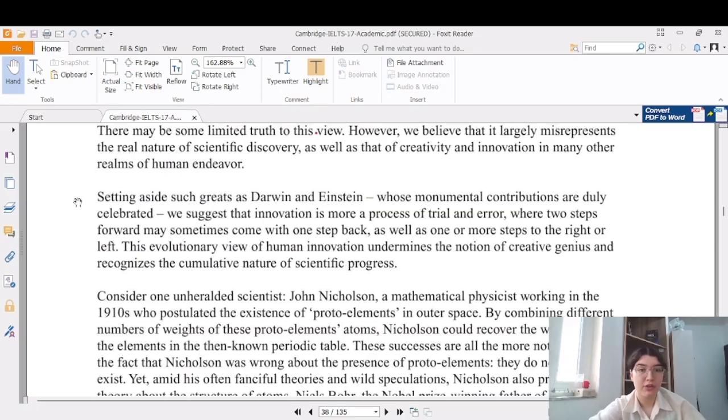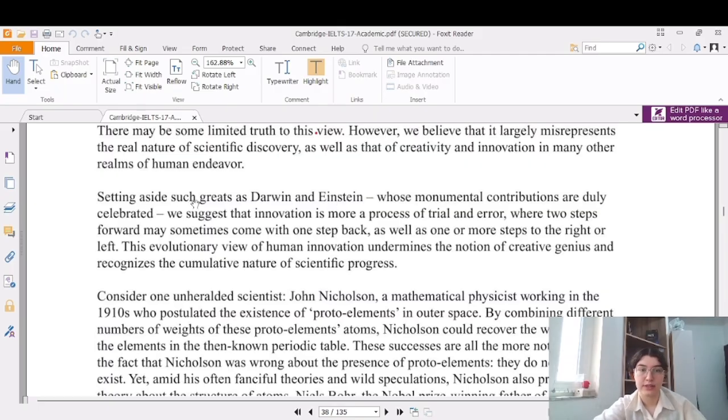So this writer here is trying to put them aside. It's like there are exceptions that they need to be put aside, and it says that scientific discovery is more than that. These people's contribution, they are celebrated, and it says that innovation is actually a process of trial and error. So it's not like these people came up with these ideas spontaneously, or it always works like that, only geniuses discover something scientifically.